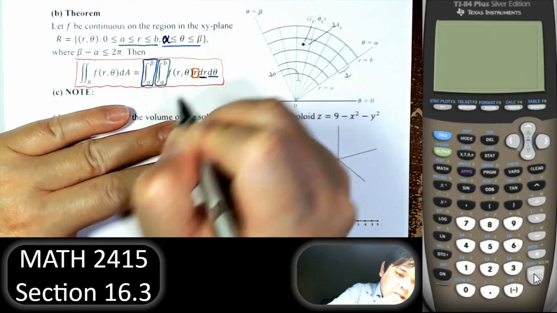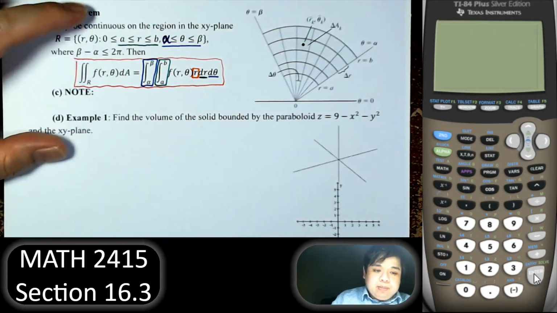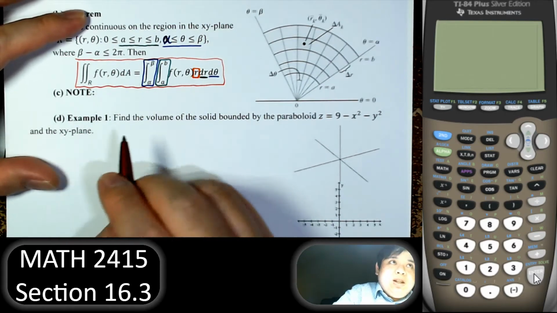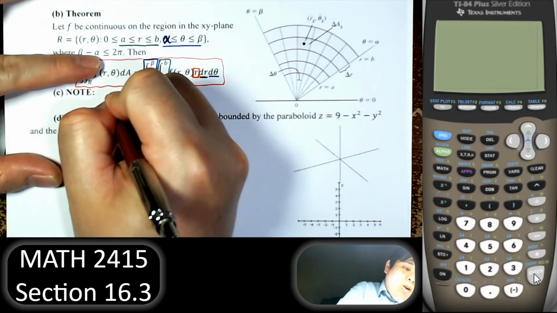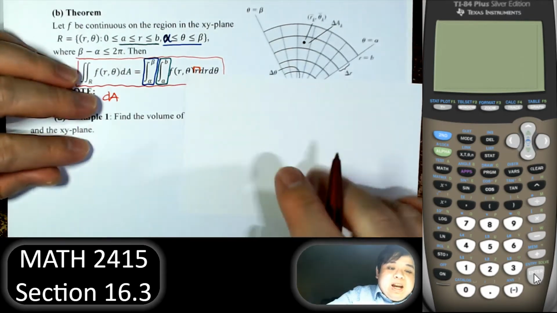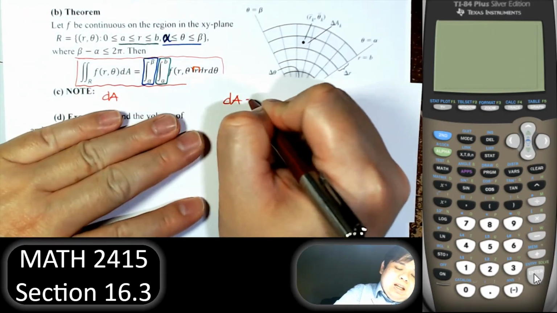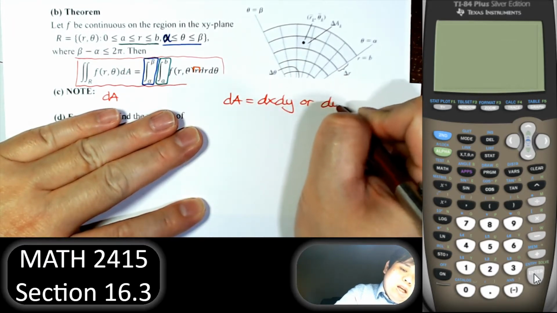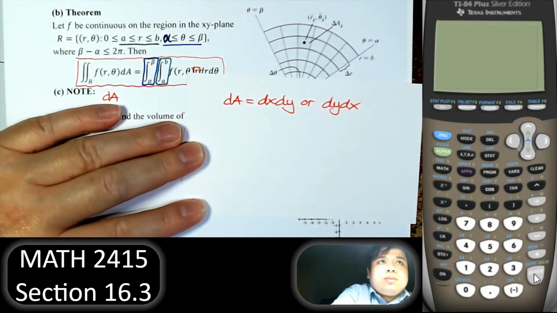So when there's r there, what we have is dA is equivalent to that. The note that I'm trying to write here is dA. From the previous section, we can say dA is equal to dx times dy or dy times dx, either way.